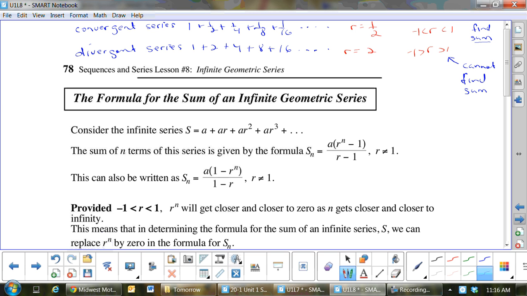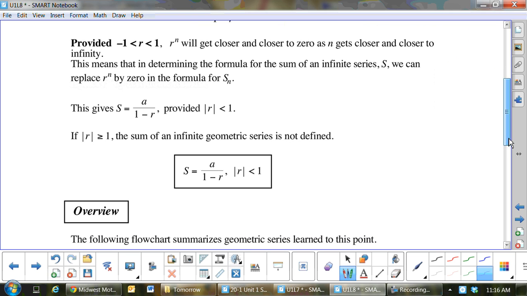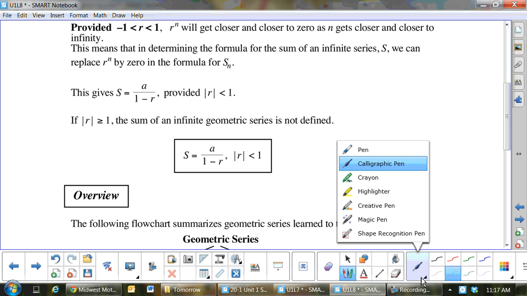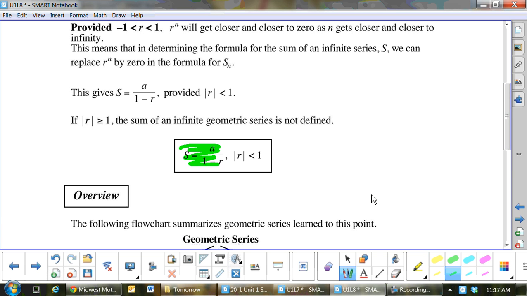The terms are just getting bigger and bigger and bigger. Okay? So the way you do find the sum of the convergent series is by using this formula right here. I'm going to do it in yellow.